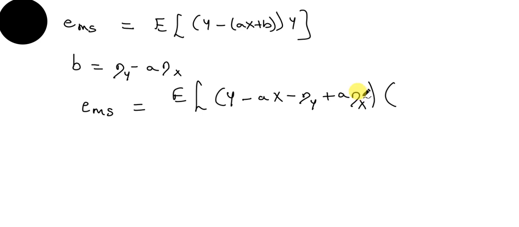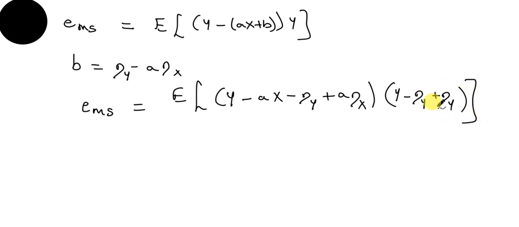Now this second y could be rewritten as y minus eta y plus eta y. I'm going to add an eta y and also subtract an eta y, just writing y as y minus eta y plus eta y for our simplification purpose.